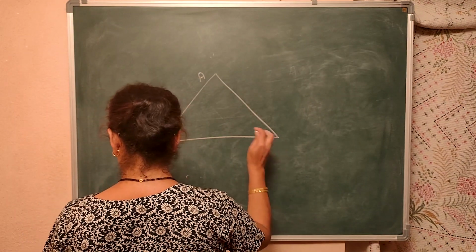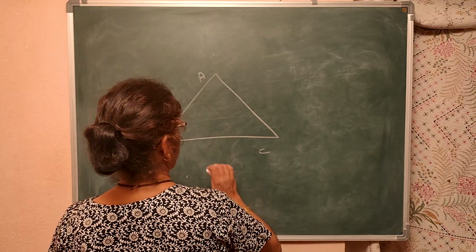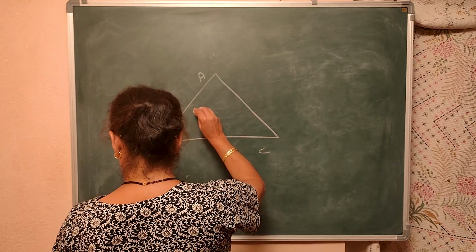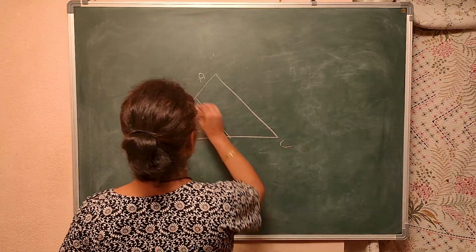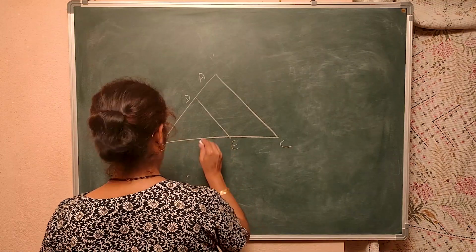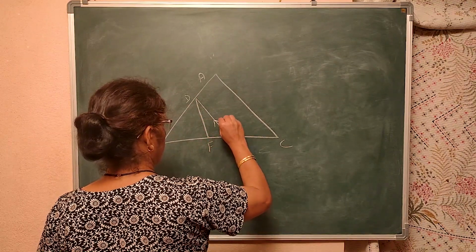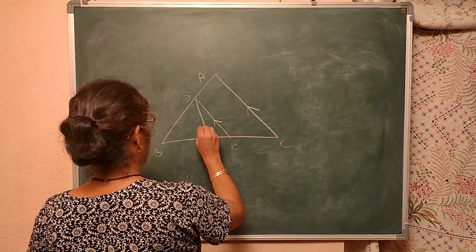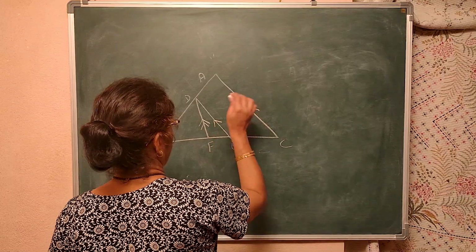And they have given DE is parallel to AC. And DF is parallel to AE.